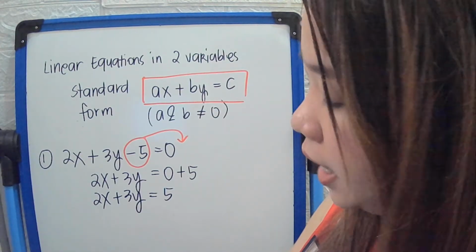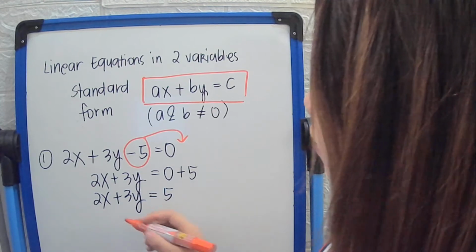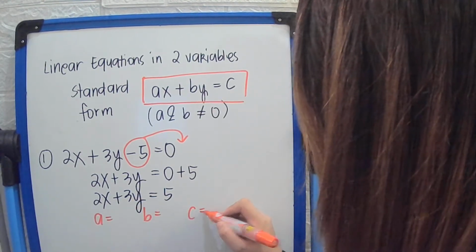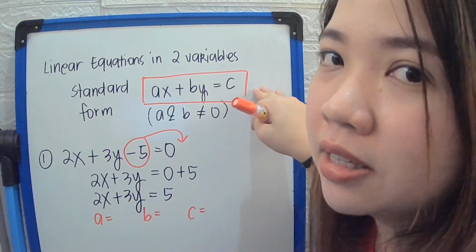Now, after identifying or getting the standard form, you will be asked to get the value for A, value for B, and value for C. So, to get the values, you just have to look at the standard form.